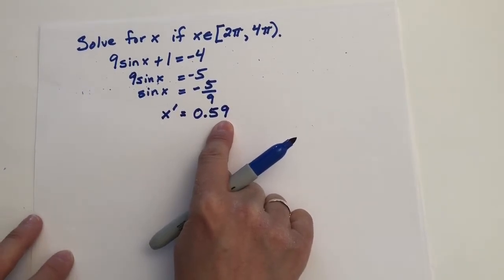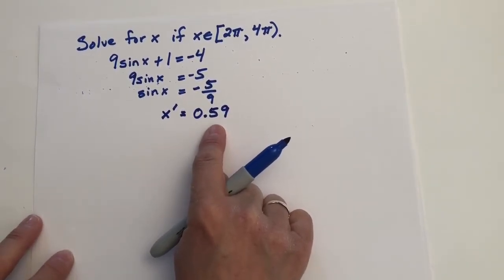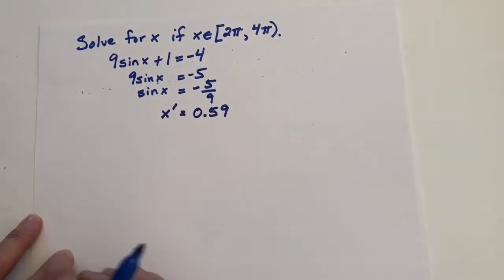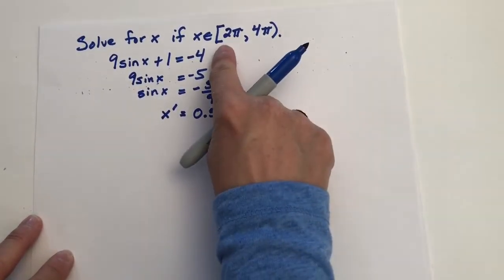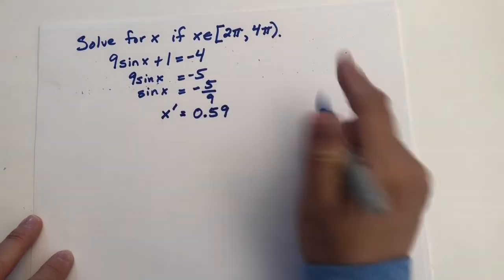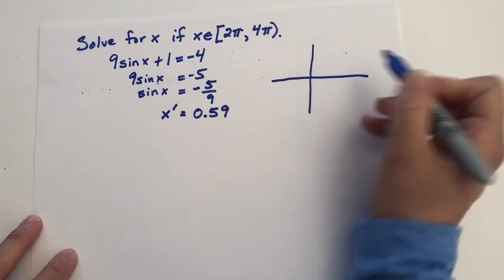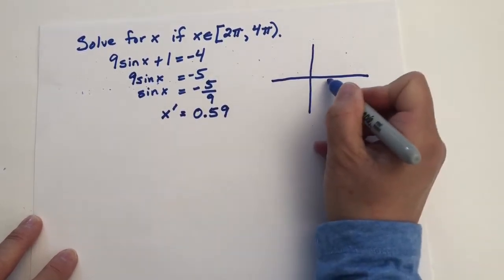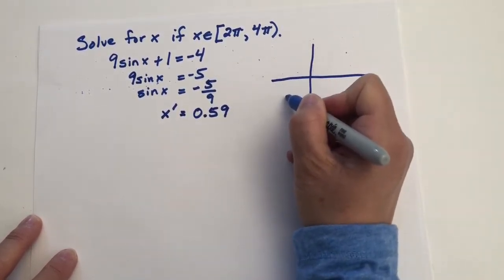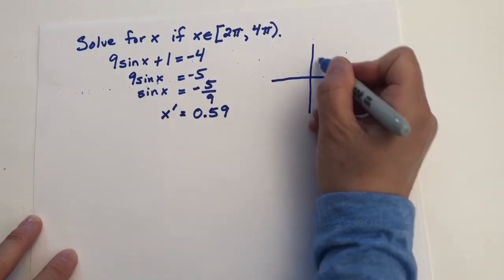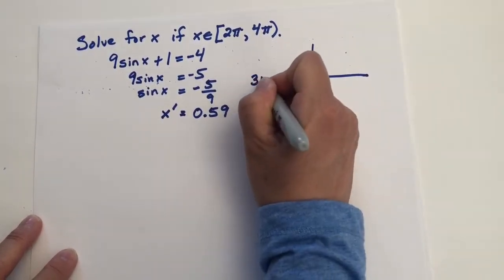So we want the solutions in the third and fourth quadrants because our ratio is negative. But we want our solutions between 2 pi and 4 pi. So if we're between 2 pi and 4 pi, that means we've gone all the way around and we're coming over here to the third quadrant. So we've gone around to 2 pi, and then over here we're at 3 pi.